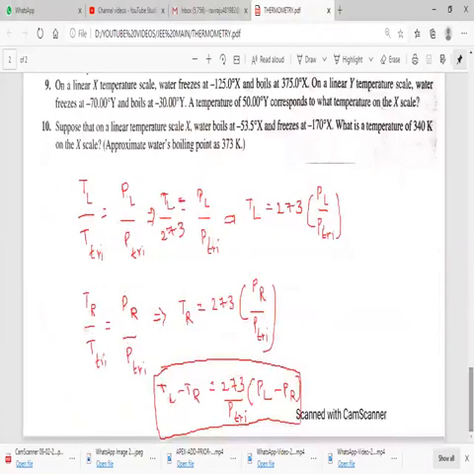Now I will just erase these equations and go to the next equations. Once you please, all of you write down these equations.